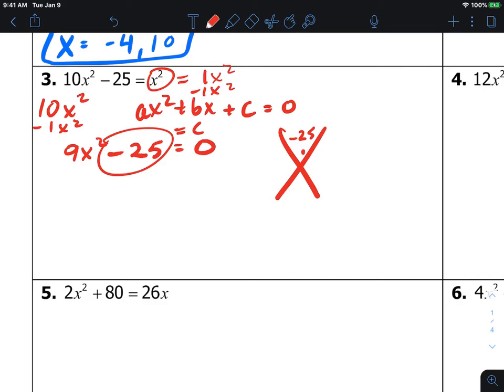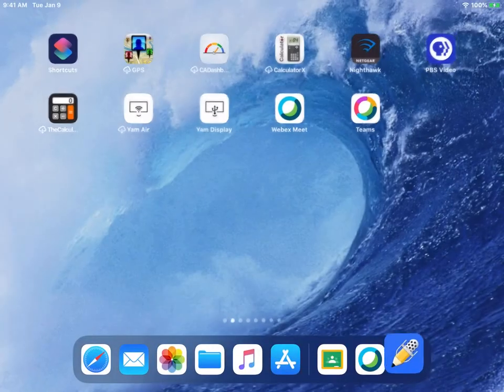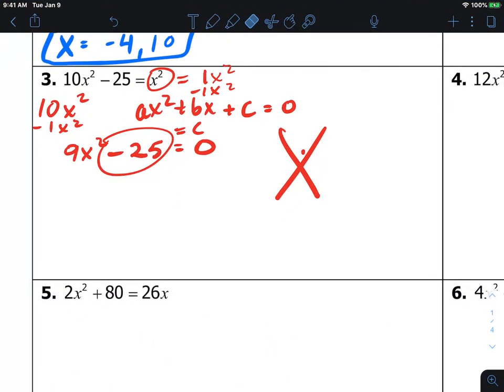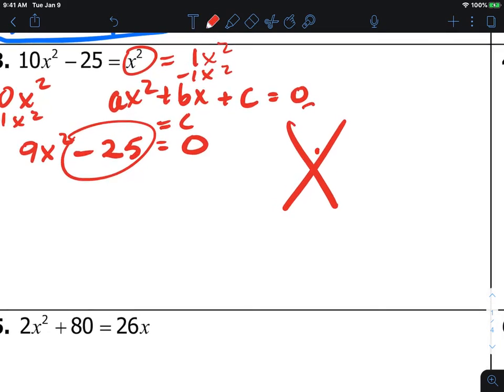And wait a minute, I have to remember that's a times c. Remember that? So I have to remember that's going to be 9 times -25. Oh, okay. So that's going to be a lot bigger, right?